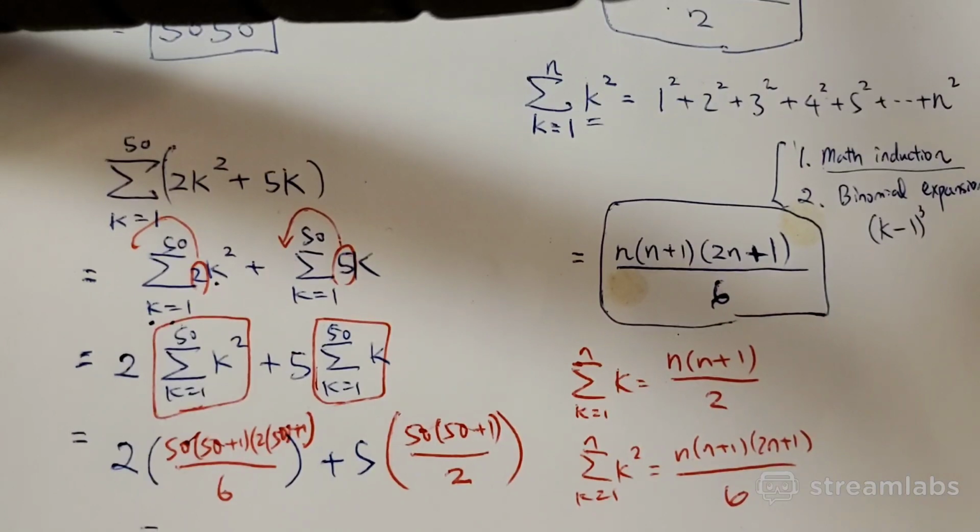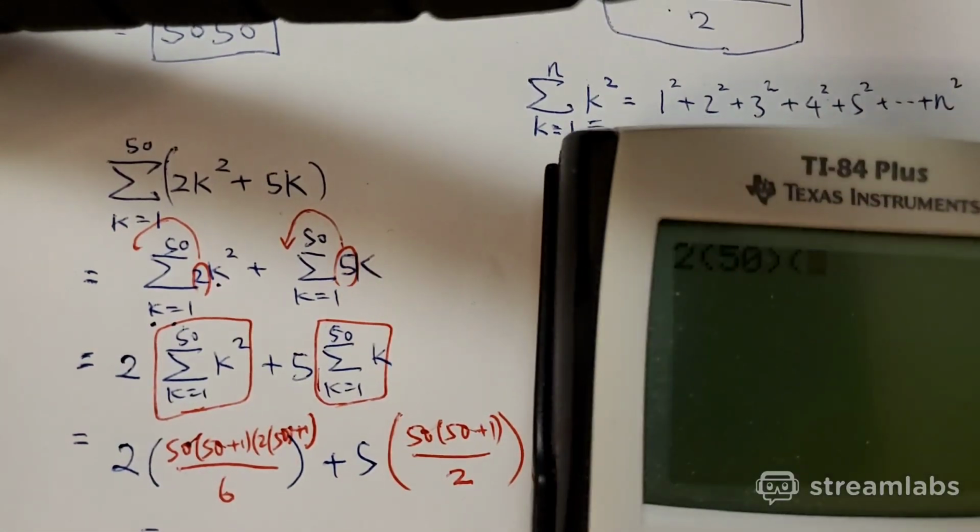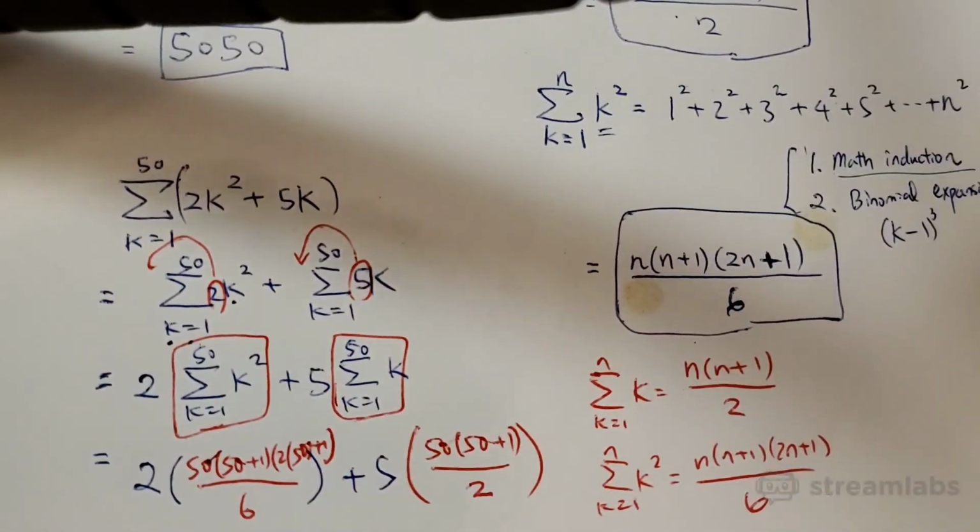I'll use a calculator here. 2 times 50 times 51 times 2 times 50 plus 1, so 101, divided by 6.